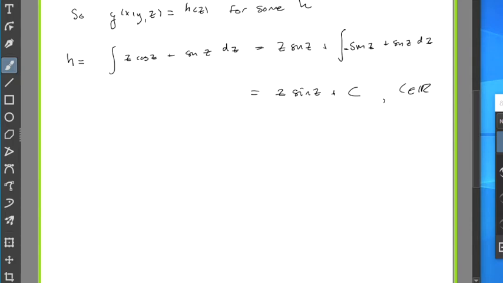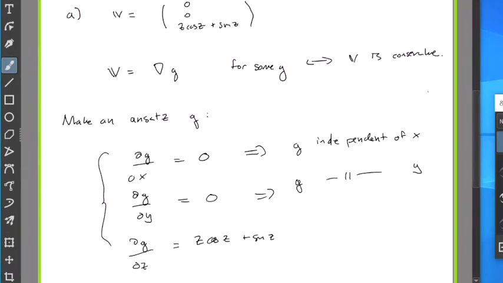Okay, why was the g dx equal to 0? Because V being equal to the gradient of G exactly means this. The gradient of G is the vector with the three components, the g dx, the g dy, and the g dz.